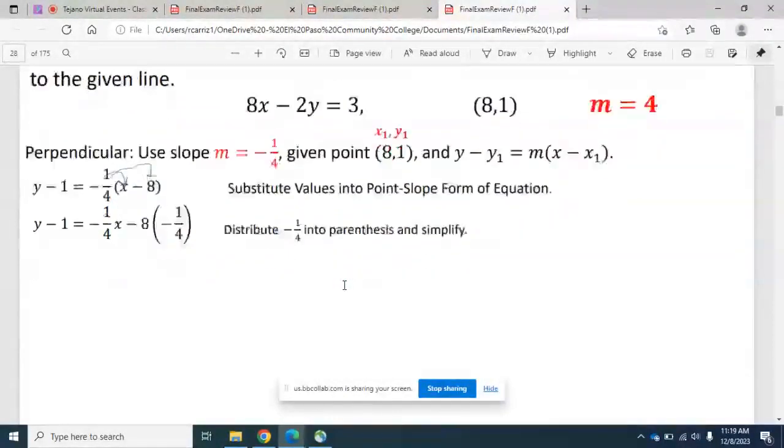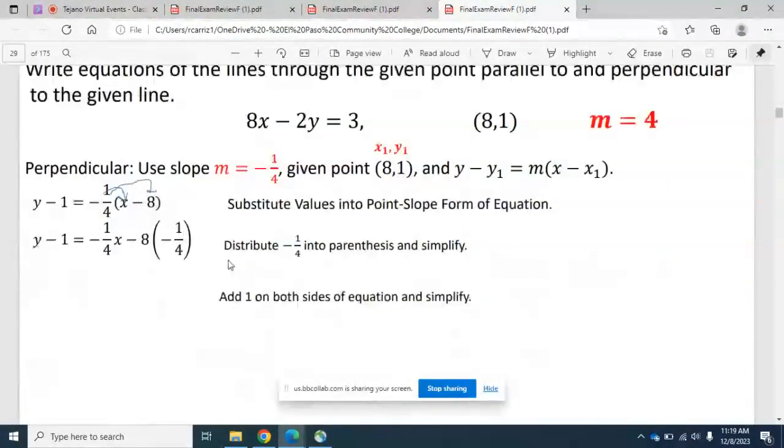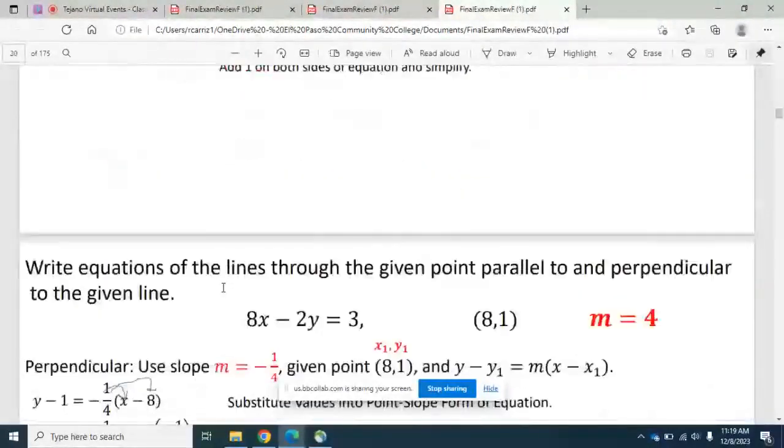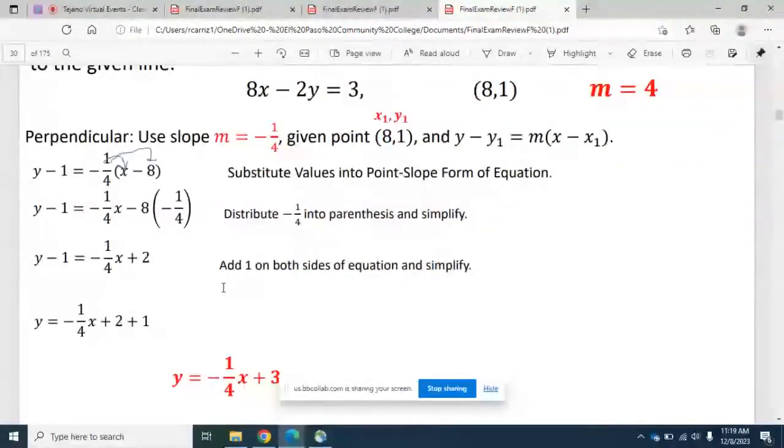Okay, so let's go ahead and simplify. My negative 1/4 x stays the same, but a negative with a negative is going to be a positive, and 8 divided by 4 is 2. So that's where I get this 2 from. Okay. Then my last step is to add 1 on both sides to get my equation.